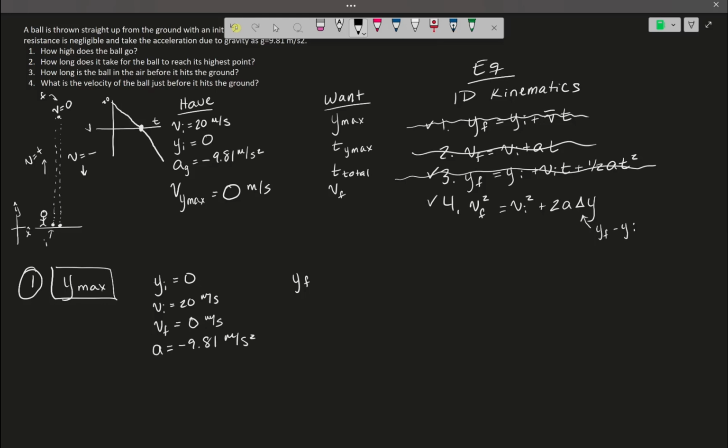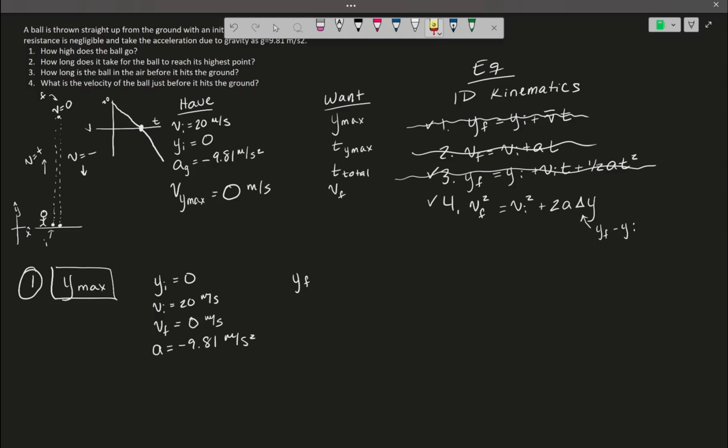That's because it would leave me with two unknowns. I wouldn't know what my y final is, right? And I also don't know what my time is. I have two unknowns. I can't solve the problem simply.